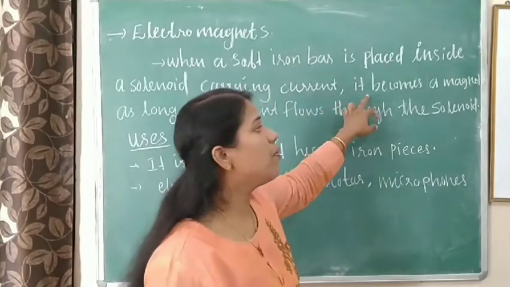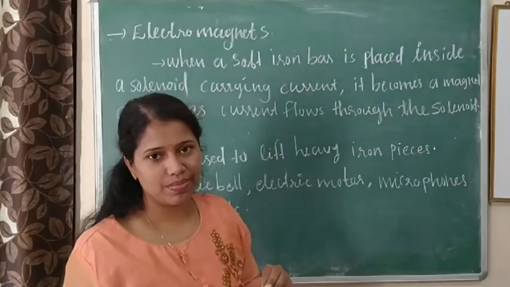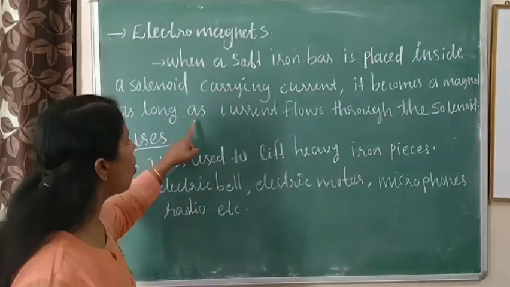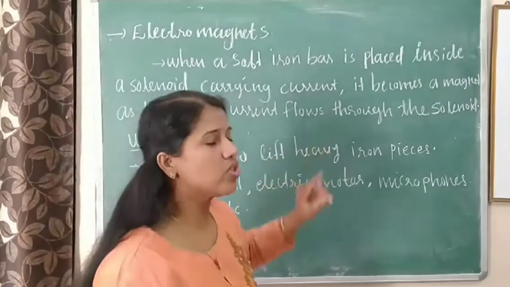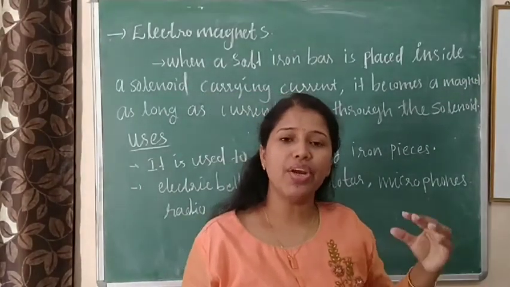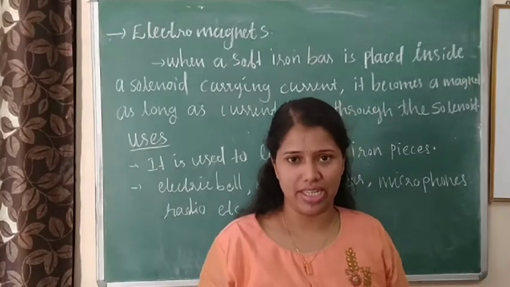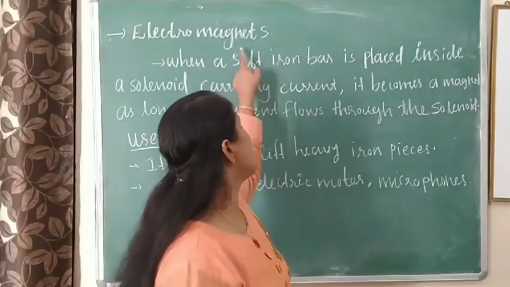It becomes a magnet as long as the current flows through the solenoid. Continuously current is passing through the solenoid, it becomes like a magnet. That magnet is known as an electromagnet.